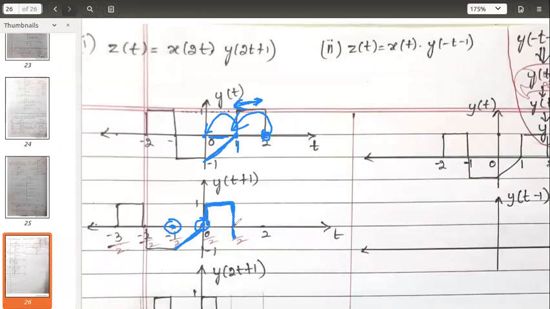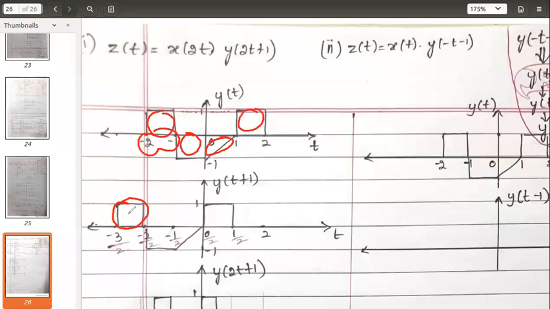This pulse. So what I did, I have broken your complete y of t into 4 parts: 1 pulse, 2 negative pulse, there is a ramp, and there is one more positive pulse. If I shift between -2 to 1, this pulse will now be at -3 to -2.